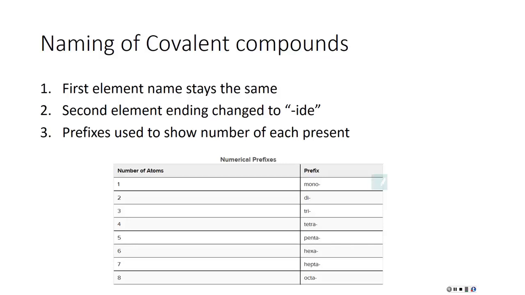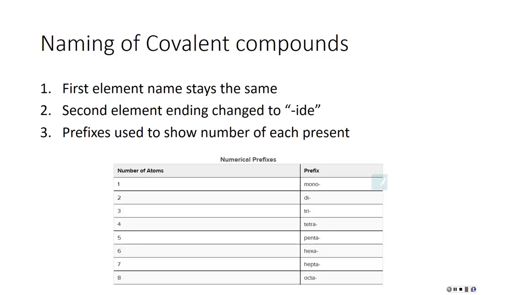For your lab, you may want to check with your lab instructor if they care or not. But I don't care at all for the course, the lecture itself. So just put the prefix there. Okay, so for hydrogen here, the name of H2O, according to the proper naming of chemistry, is dihydrogen monoxide.